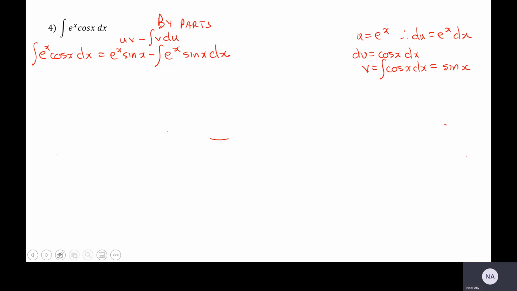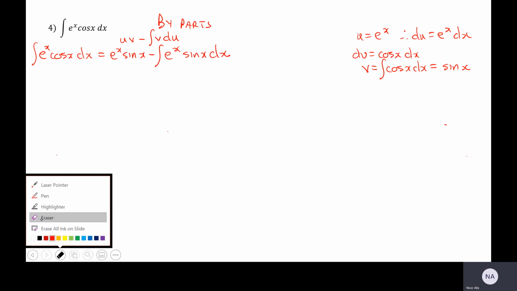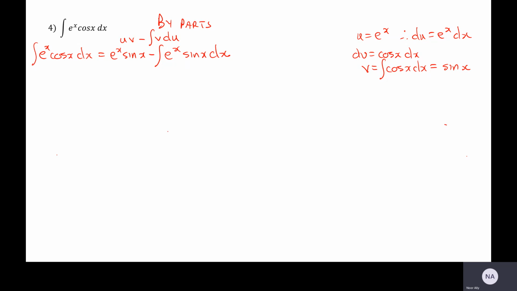Now what is going to happen? We need to find that particular integral, the integral of e to the x sine of x. What is that? Did you guess what we have to do now? That's right. We have to apply integration by parts yet again. At this stage, let's call this equation A, and I'll return to equation A just now.